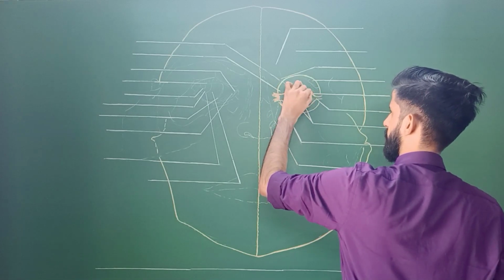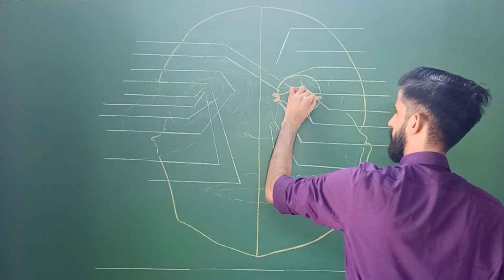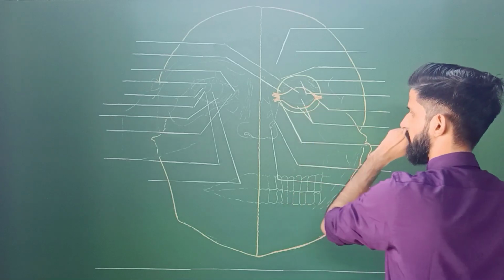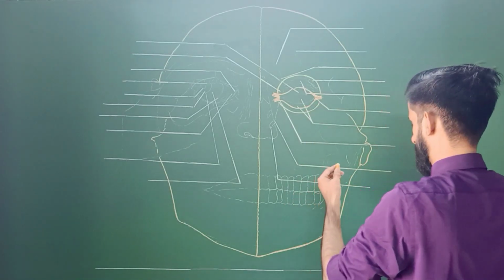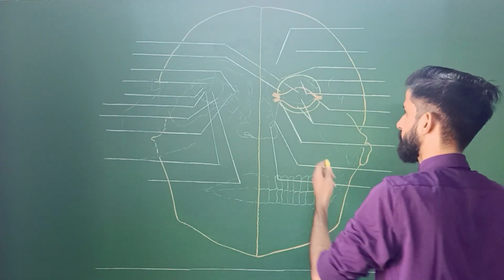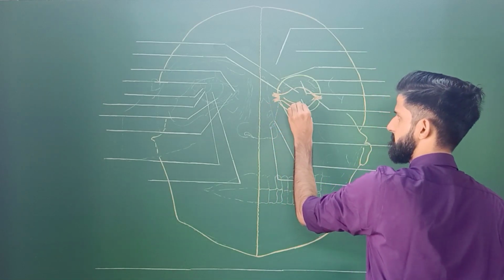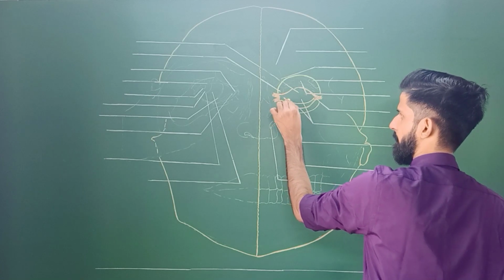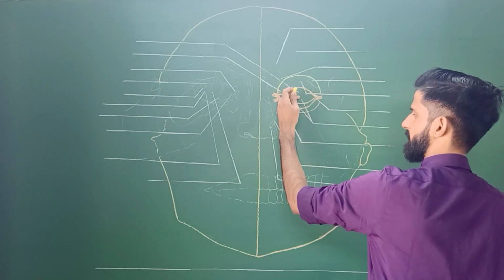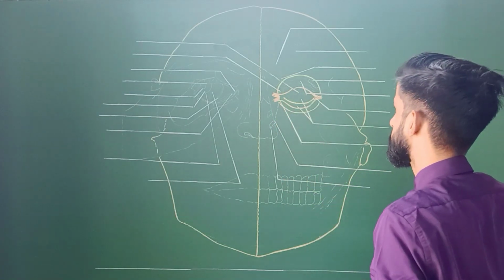Followed by the lateral ligament. So this will be lateral ligament. And then in between, so that this and this becomes the tarsal plates.